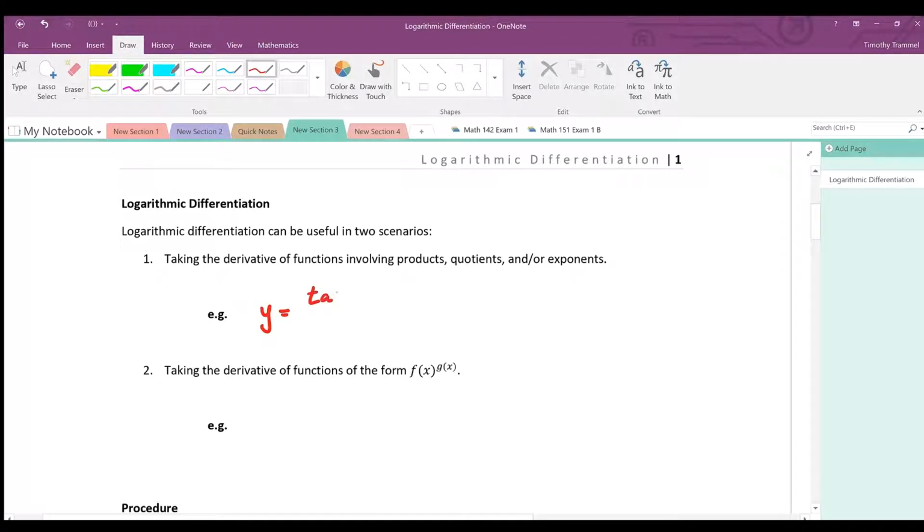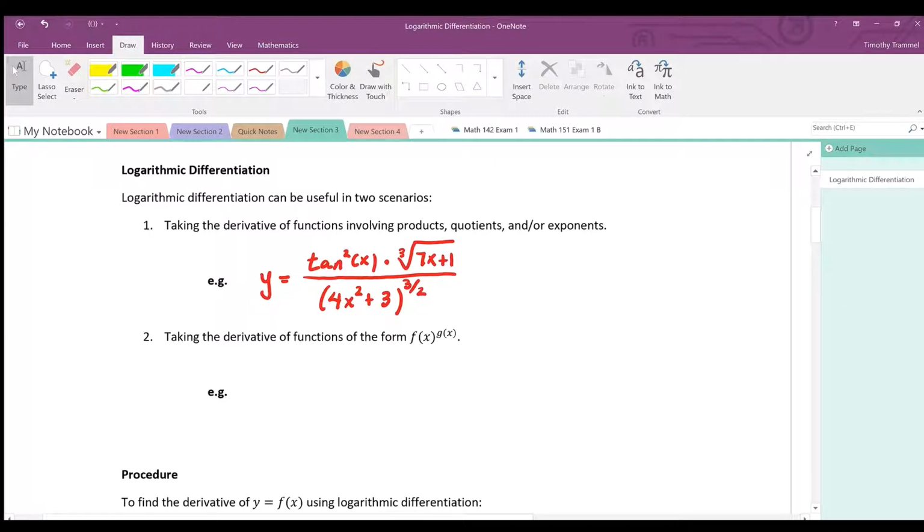Y equals tangent squared of x times the cube root of 7x plus 1, all over 4x squared plus 3, and this is to the 3 halves. Here, logarithmic differentiation will make this problem much easier. Now, that being said, you don't have to use it in case 1, it just makes things easier.